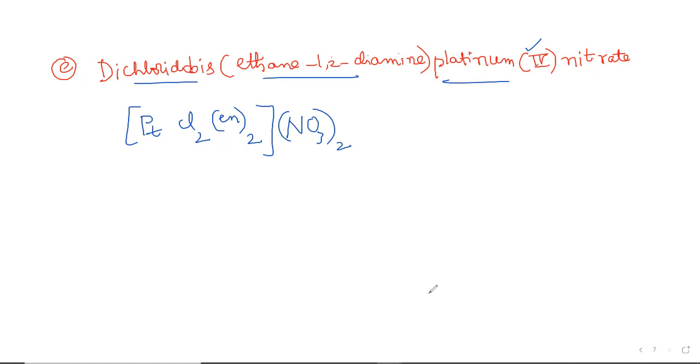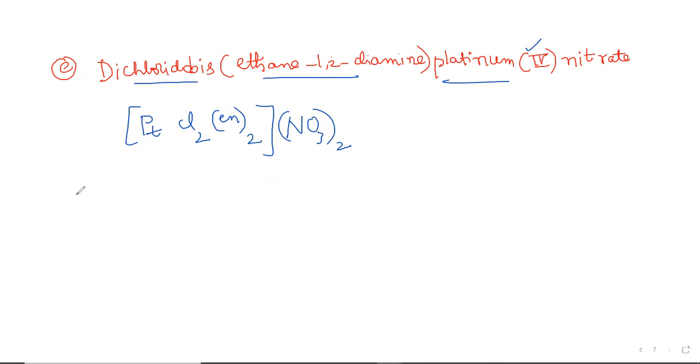Okay. So the formula of dichlorido bis ethane 1,2-diamine platinum 4 nitrate is [PtCl2(en)2], with en twice inside the parenthesis. This square bracket means the coordination entity. Outside that we have NO3 nitrate, two nitrates are present. That is the E question.